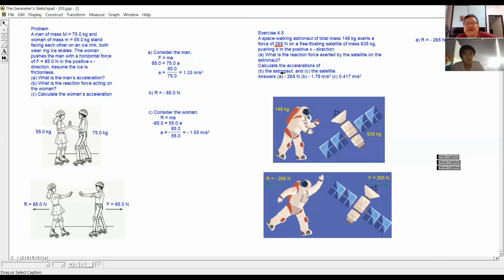Calculate the acceleration of the astronaut. If you want to calculate the acceleration of the astronaut, you use F equals ma. So can you use this on the astronaut? Tell me. F equals ma.